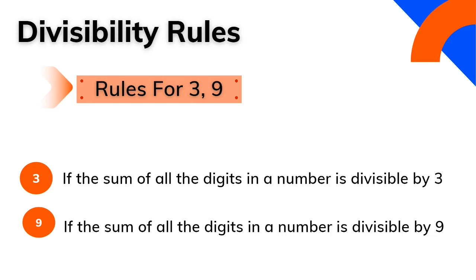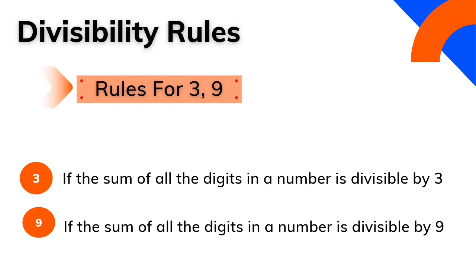I am giving you a few examples of numbers which are divisible by 3: 12,531 or 35,691 or 47,814. The sum of the digits of these numbers is divisible by 3, hence the numbers are divisible by 3. I am giving you the example of a few numbers which are divisible by 9.